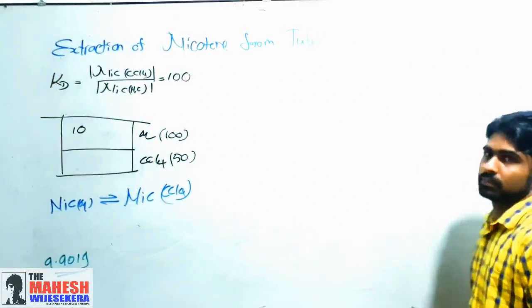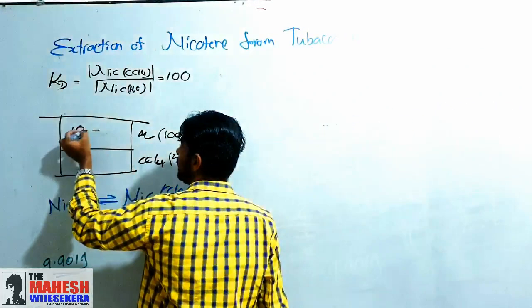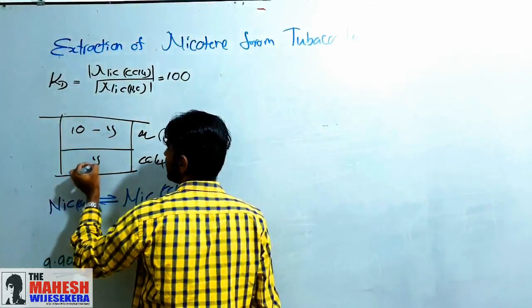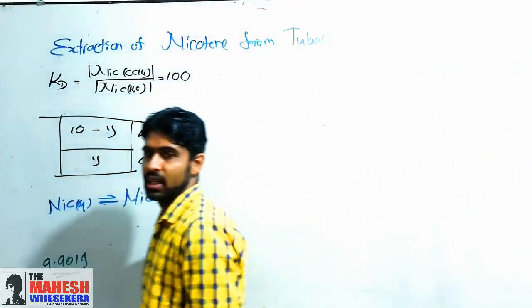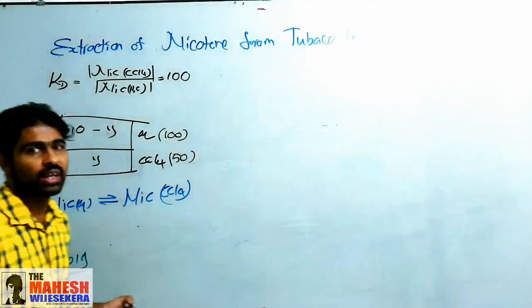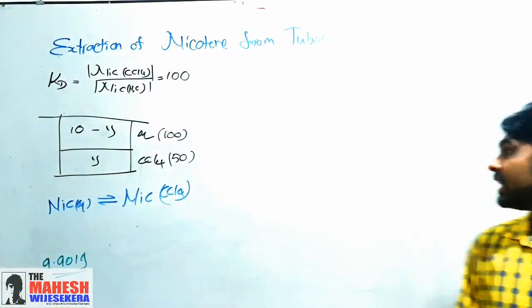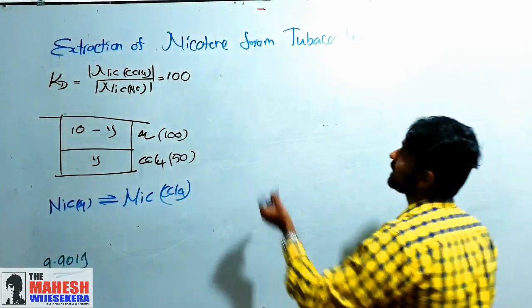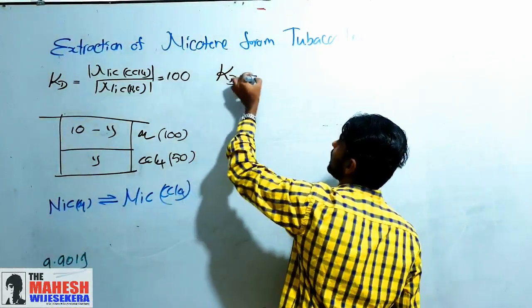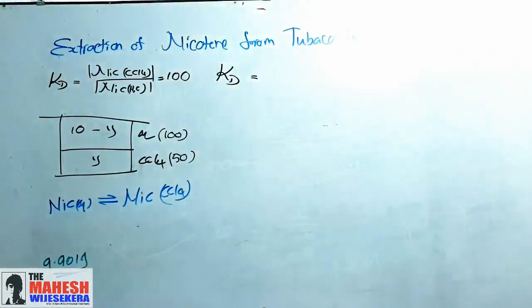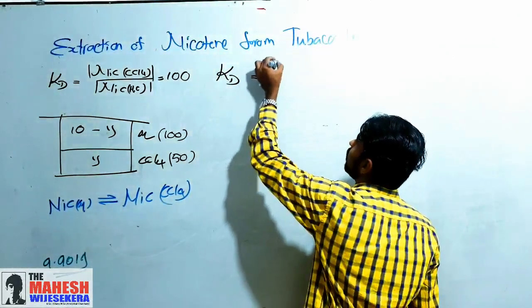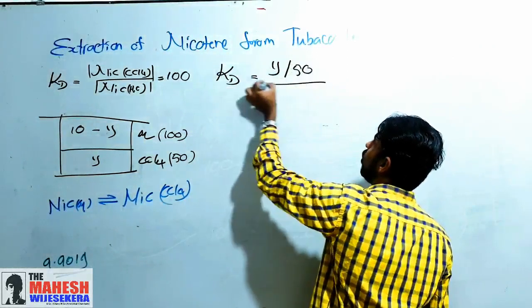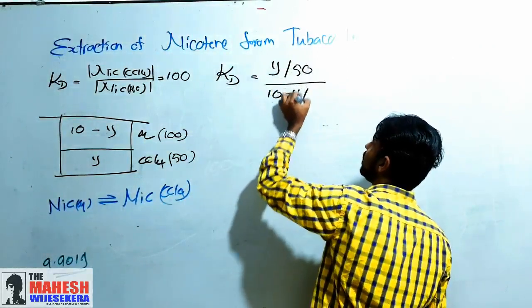Suppose the amount that moves into the CCl4 layer is Y. If it is Y, we can get the KD. We don't have to write the expression again because we have already written that one. Y divided by 50 over 10 minus Y over 100.